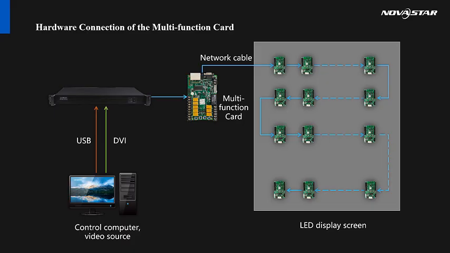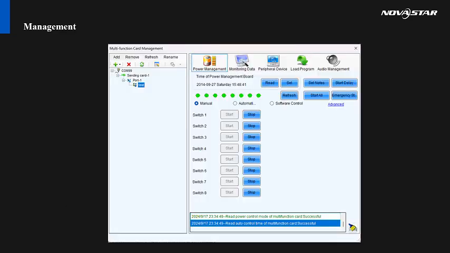In addition, the multifunction card can also be directly connected using a server port. After the multifunction card is connected to the system hardware, the multifunction card needs to be added on the software interface. Look here. After the addition is completed, management operations can be performed on the multifunction card.